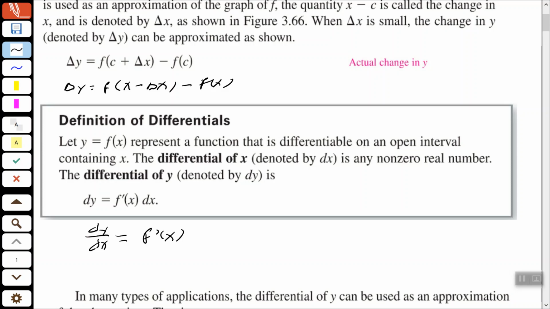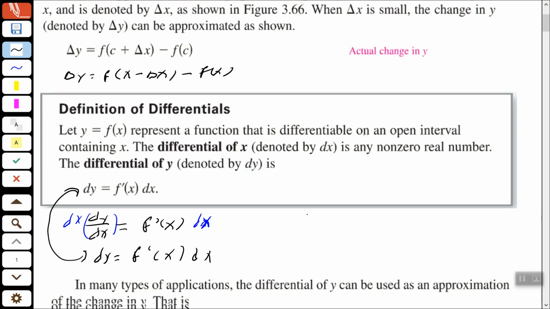Well, if we only want the differential of y, then we would multiply both sides by dx. And the differential of y would be the first derivative of the function times dx. So that's where that comes from.